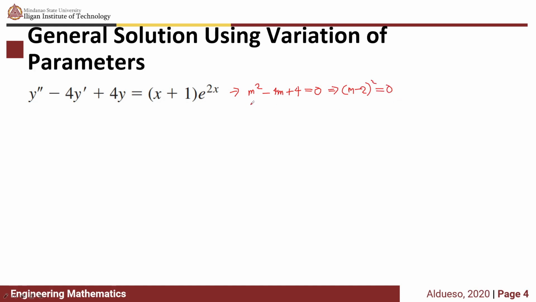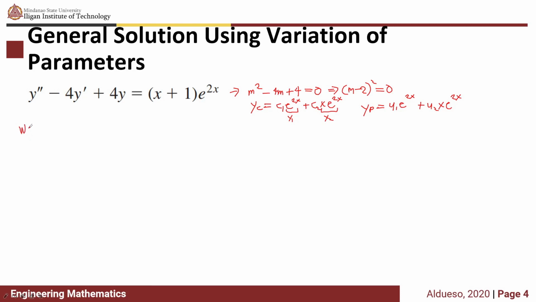So our complementary solution is c1 e to the 2x plus c2 x e to the 2x. This is our y1, and this is our y2. So our particular solution should be u1 e to the 2x plus u2 x e to the 2x.